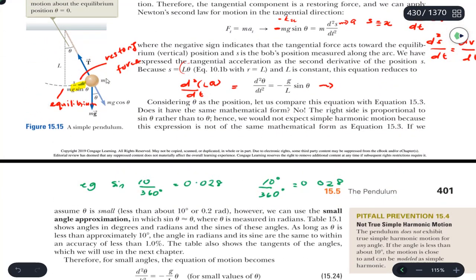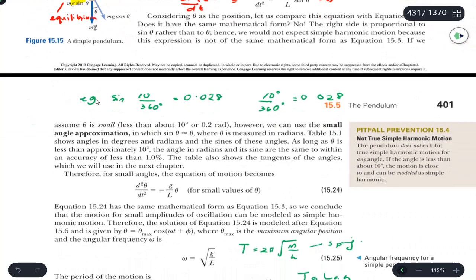When you swing, it will oscillate back and forth, and the oscillation occurs because of the component of gravity in the direction of the arc path. Along the arc path is where the displacement occurs. So if somebody asks you what the restoring force is, the answer should be the component of mg here, which is equivalent to mg sin theta. So mg sin theta is the restoring force.